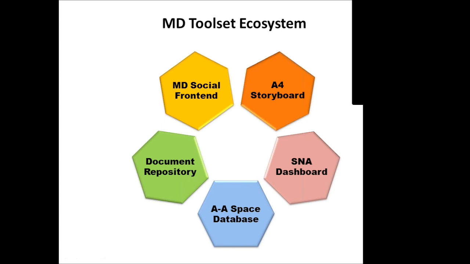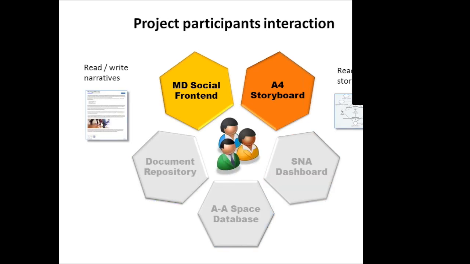The other one is the storyboard. And then we have some behind-the-scenes systems that are useful for the dynamic evaluators: the document repository, the database of the agent artifact space, and a dashboard for social network analysis, the system in the lower part of the screen. Let's see how we imagine that the interaction will happen.